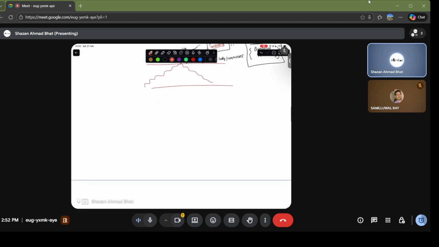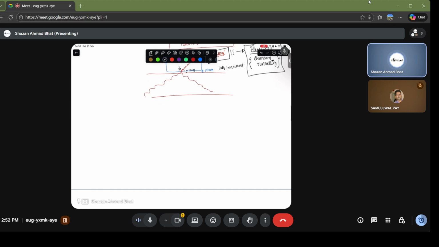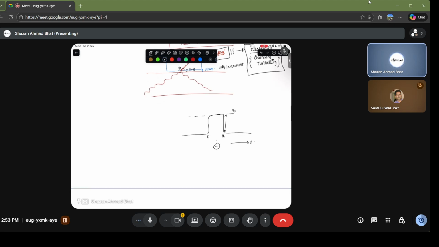And what happens in electronics is that if you have a potential something like this, this is the electrostatic potential V naught, from 0 to A, and this is the X direction. Let's say you have a certain atom here, maybe a negative charge, because of which the electrostatic potential goes up at this particular point. So this profile is basically showing the electrostatic potential.